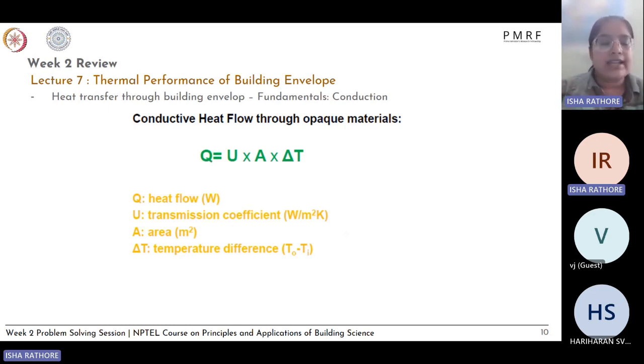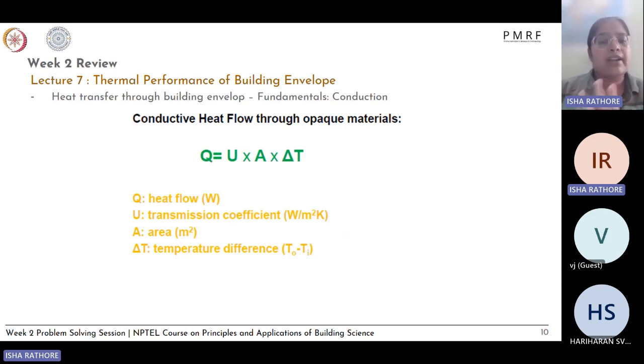So for high conduction to happen, the U value has to be high, the area of the surface has to be high, and the delta T, the temperature difference, also has to be high. So questions based on the relation between the equation terms can be expected in the examination for different equations, obviously. So you need to remember these equations. Q is equal to UA delta T. This is one of the fundamental equations for conduction.